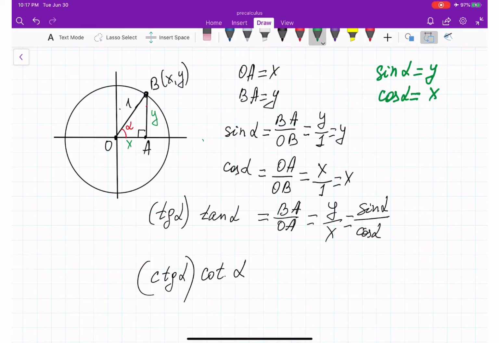So from here, tangent alpha is equal sine alpha over cosine alpha.